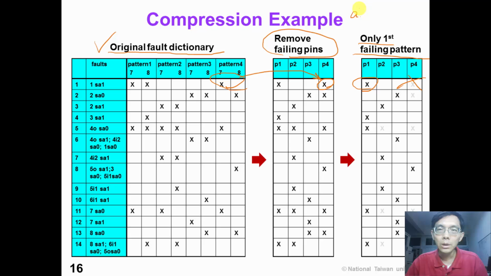This is called abort on first failure. So if we remove the second failing pattern information, we can save some storage space.